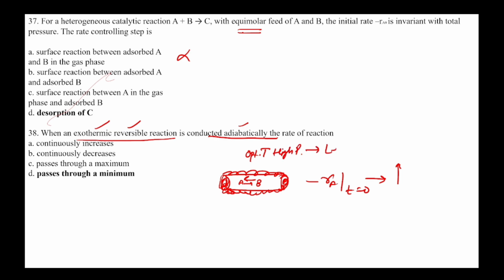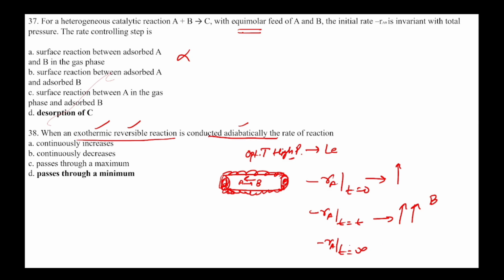Le Chatelier principle will apply: high pressure if the moles are decreasing. Now minus RA at some time goes to its maximum value, where it will form B.